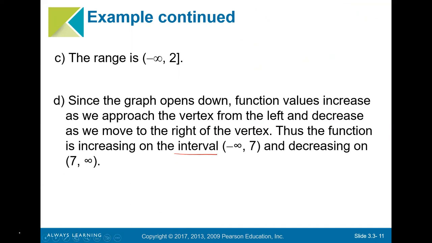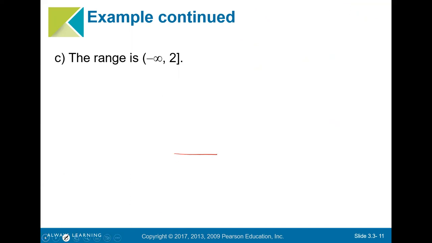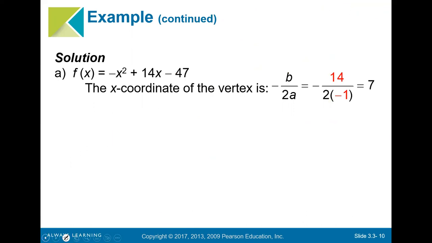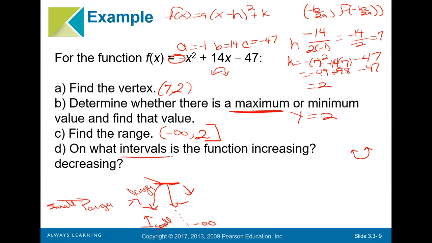So if I go back to this particular one, where does it increase and decrease? It might have said interval notation, and it did. I apologize, guys, I had to double check. Okay, so if I want to know where it increases and decreases, I know I'm going to use parentheses, and we're starting at negative infinity. So let me draw this again. So we're going out like this. If you notice, we're increasing.